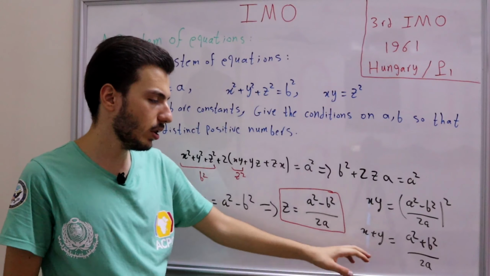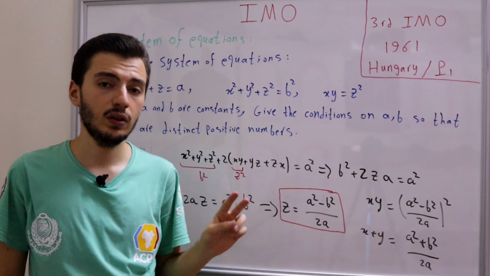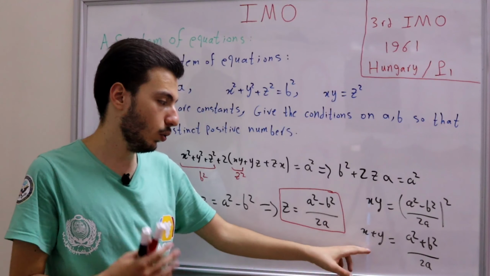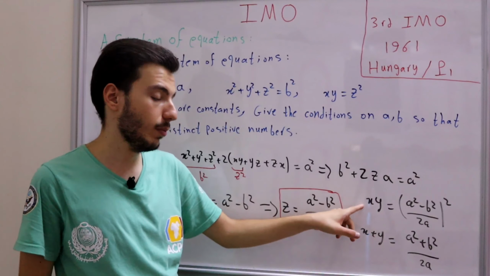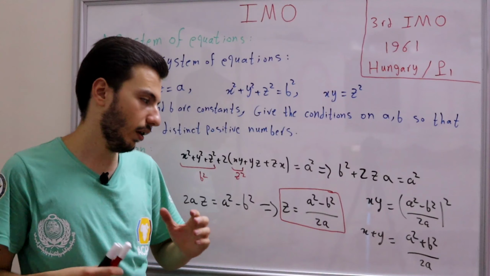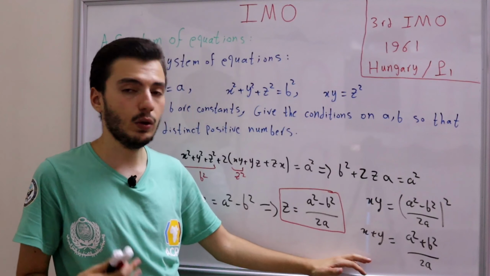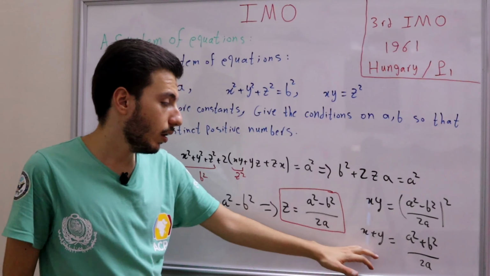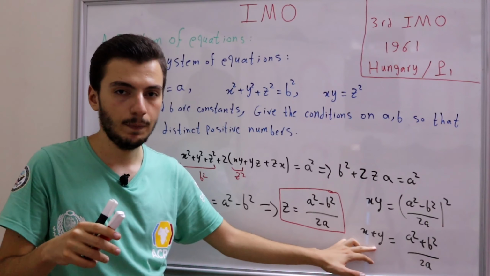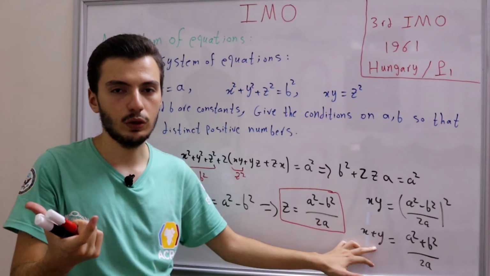Well, this is a rule of thumb. Whenever you have two variables, x and y, and you know the sum and you know the product, what does that remind you of? If you're familiar with algebra, you should be familiar with this. When you know x plus y and xy, that is the Vieta relation, right?